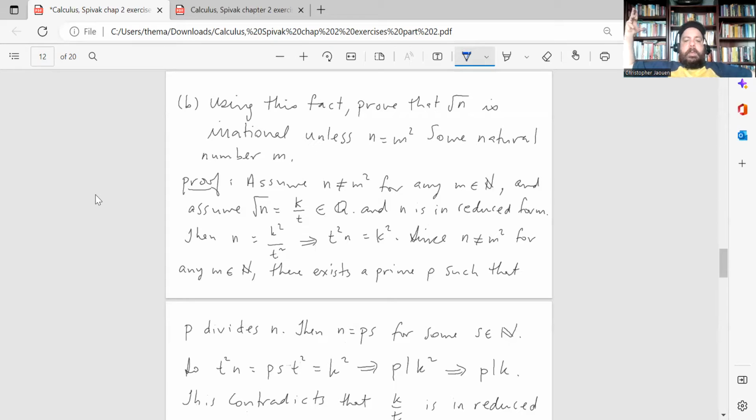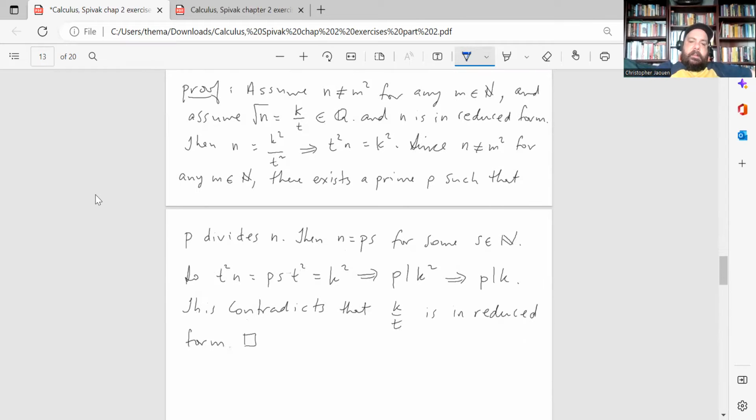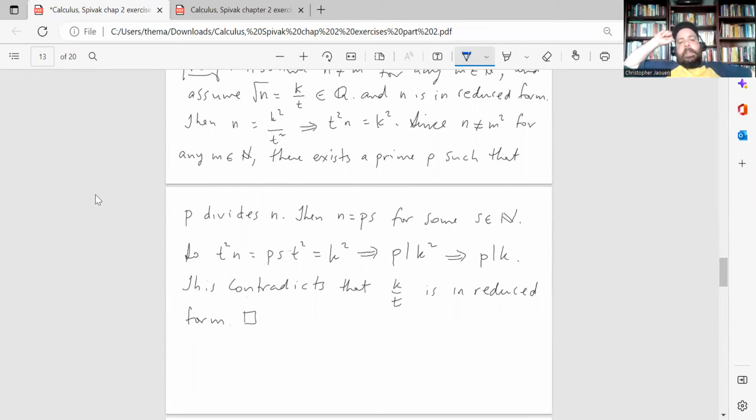And since n is not m squared for any natural number m, that means that there exists a prime p such that p divides n. That means that n is p times s for some other natural number s. So t squared n is p s t squared, and that's equal to k squared from above, which means that p divides k squared, which means that p divides k.